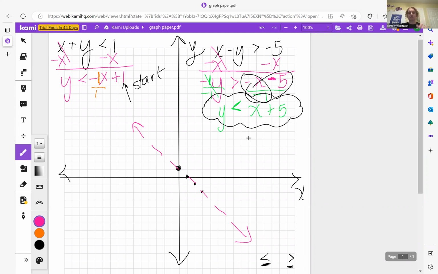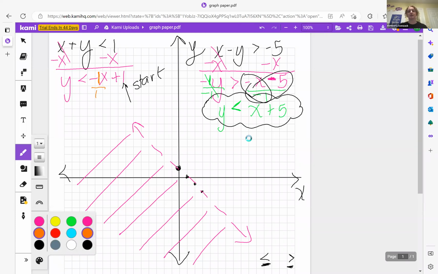Now, less than, when you have a negative slope, means you shade underneath the line. If you don't know those rules, you can use a test point, like the point 0, 0. Plug in 0, 0, and you see 0 plus 0 is less than 1. 0 is less than 1. Check. So you shade in the direction of the test point.